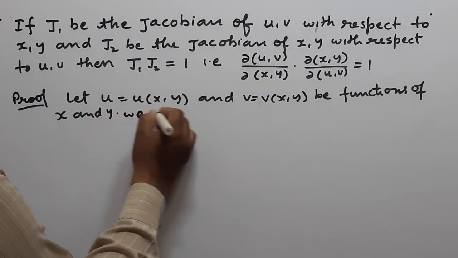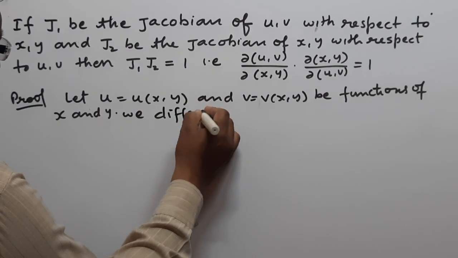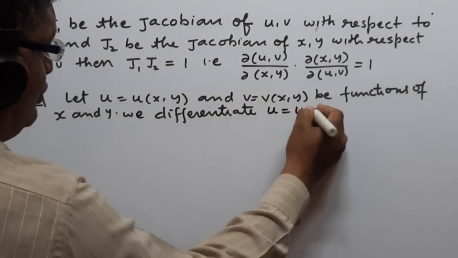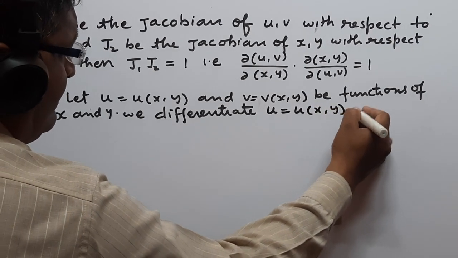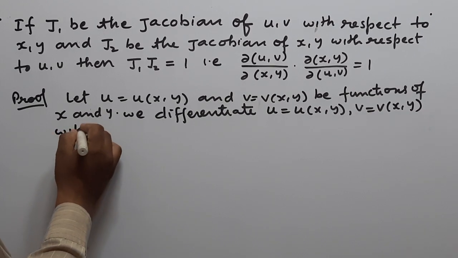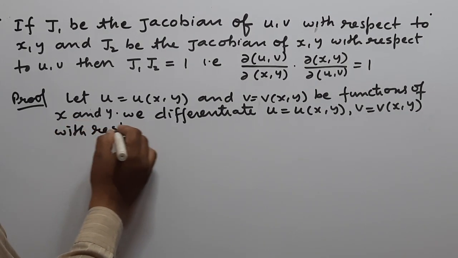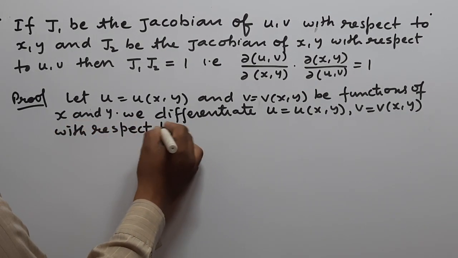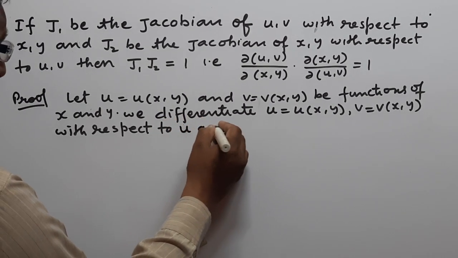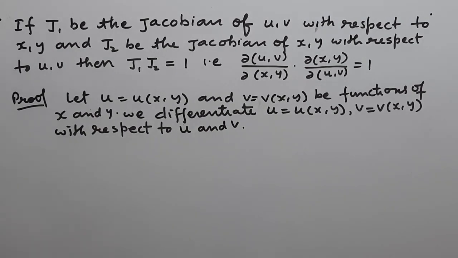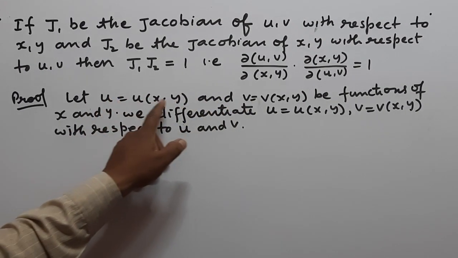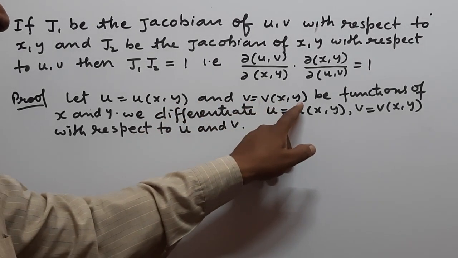Now we differentiate u is equal to u(x,y), v is equal to v(x,y) with respect to u and v.